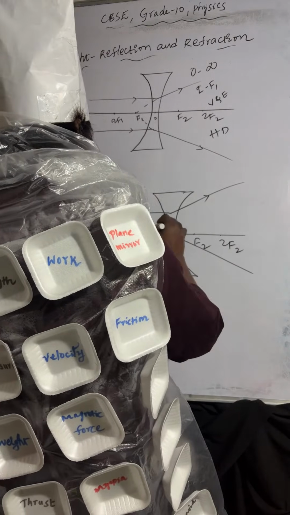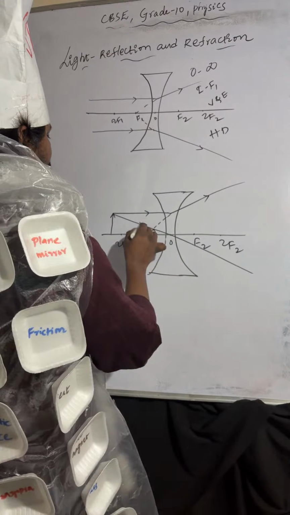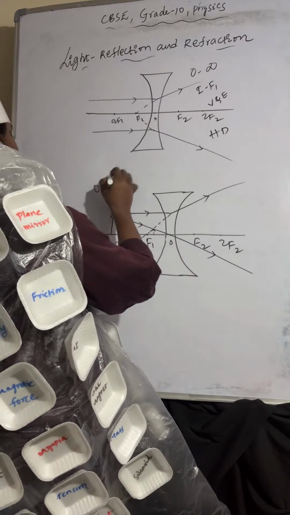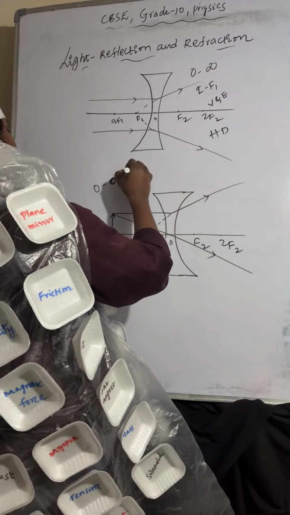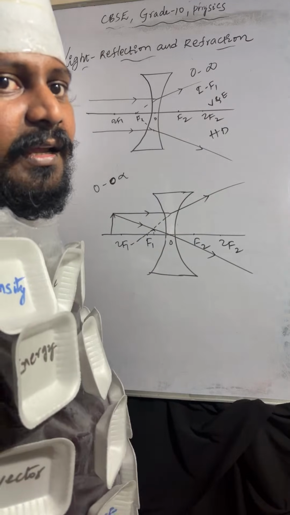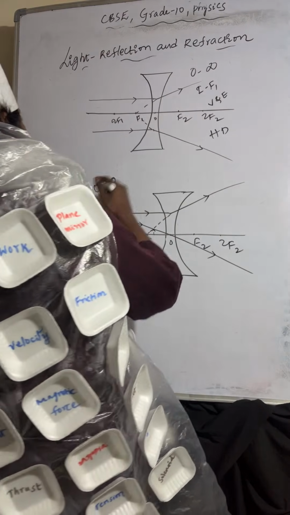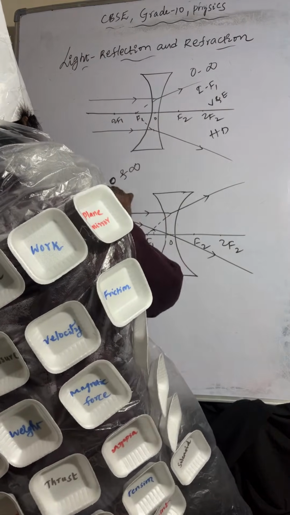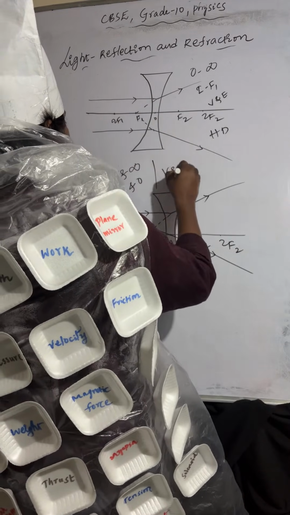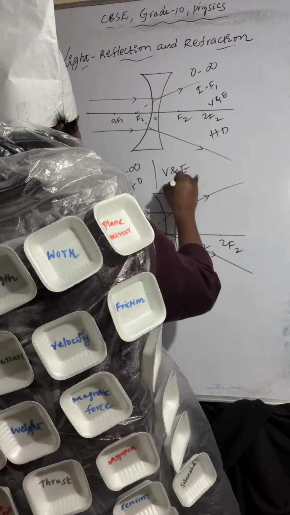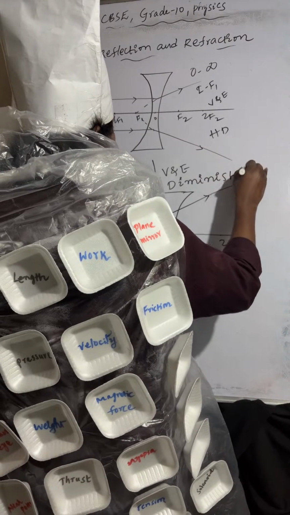If you extend here, the image will form between F1 and optic center. Object is placed between optic center and infinity. Nature of the image is virtual and erect, size of the image is diminished. Compared to the object, image size is diminished.